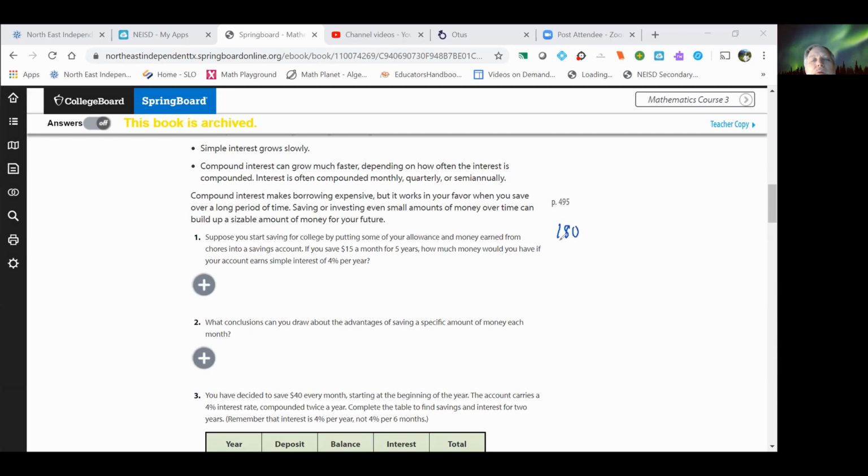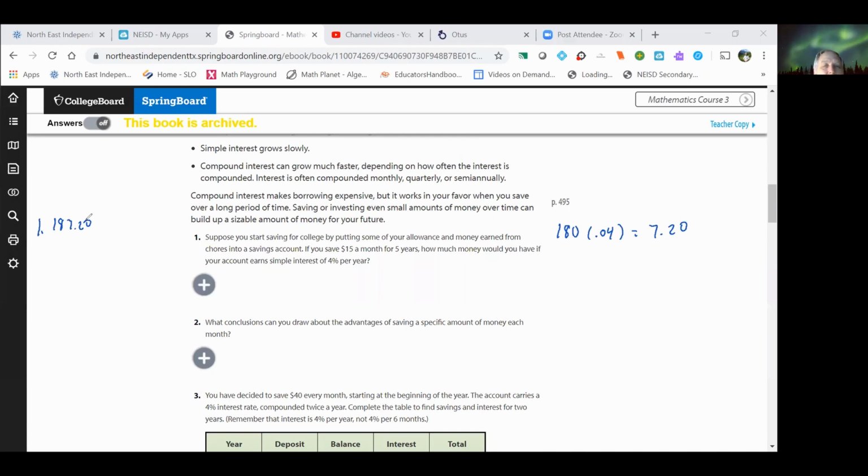And at that point, the bank gives you interest on that $180 at a rate of 4%. So we multiply that times 0.04, which gives $7.20. The amount of money I have at the end of year 1 is $187.20. Now I continue putting in $15 a month.